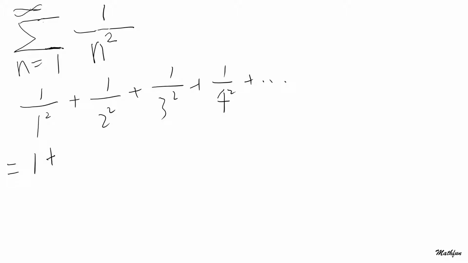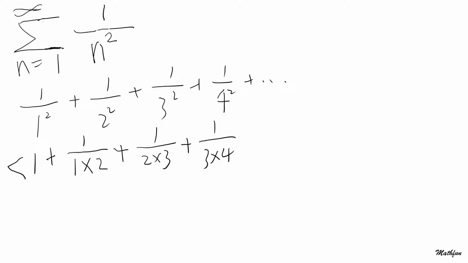The next item we're going to say, you know what, this one is smaller than 1 times 2, and because of that we have to erase the equal sign and change it to a smaller sign. Isn't that right? And the second one over here, we're going to change it to 2 times 3, and then change this one into 3 times 4 and continue.